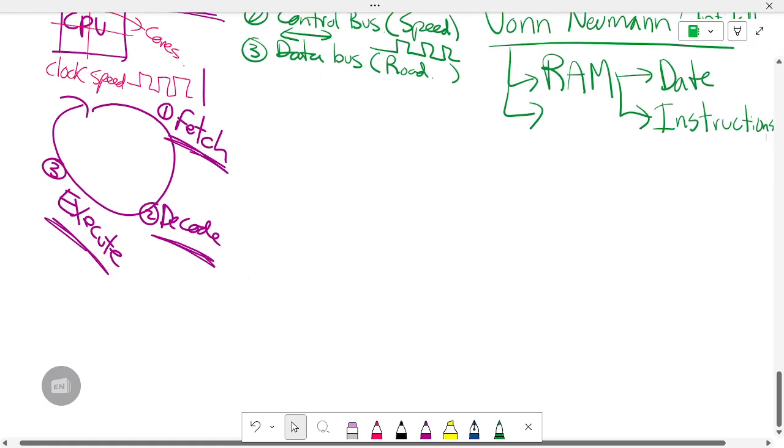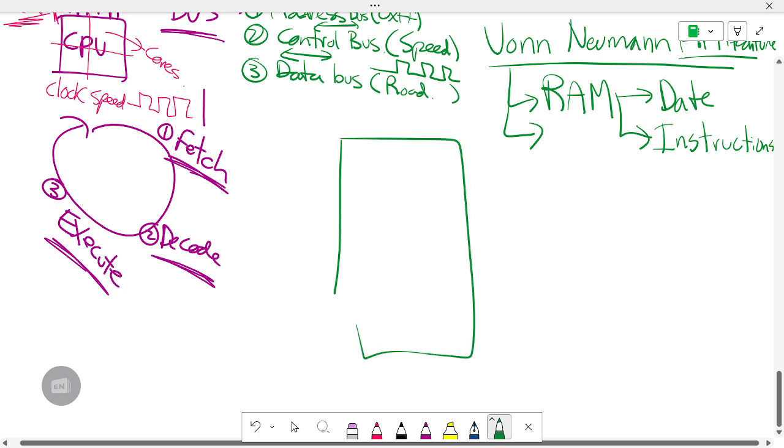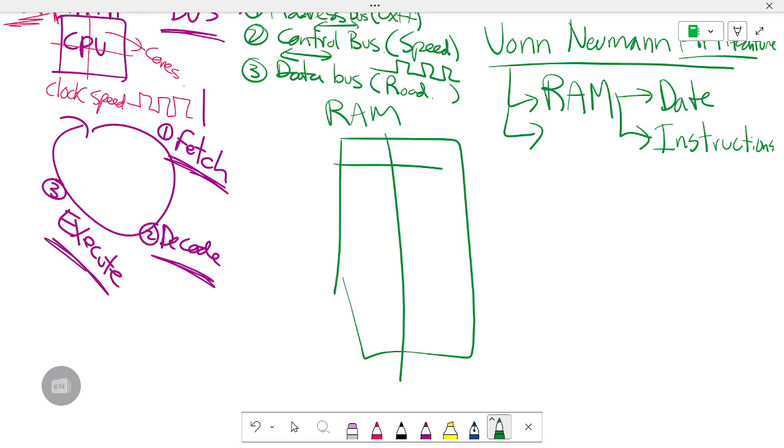So we're just going to show you an example. Inside your RAM, this is your RAM. You have the address, and then we have our data. Data is divided into 2 types. What are the 2 types of data there, Uma?